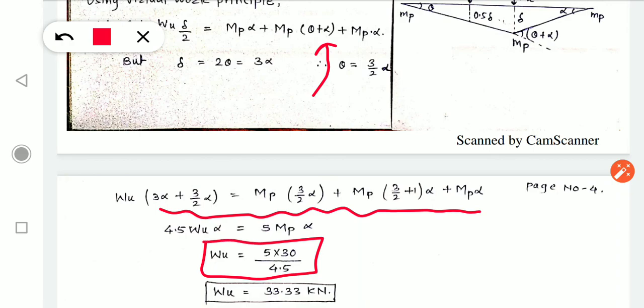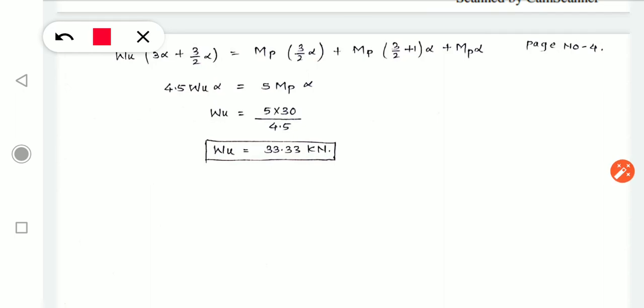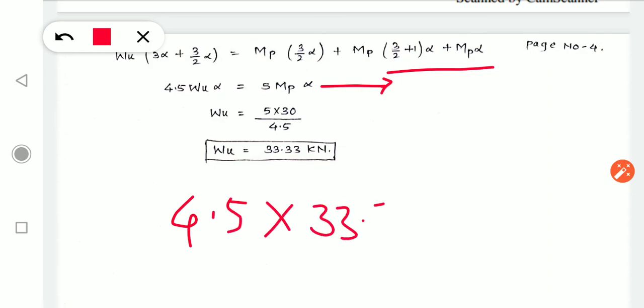If you simplify it, Wu equals 33.33, and if you put this value into the simplified version of the actual equation, which is 4.5 into Wu, 33.33, equals 5 MP.